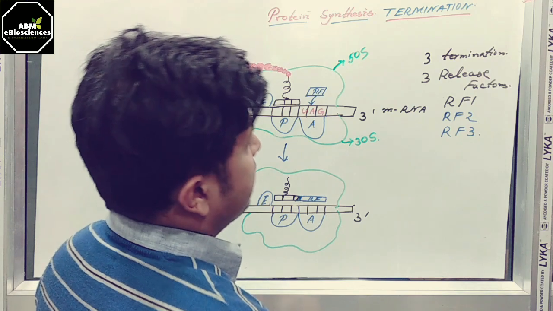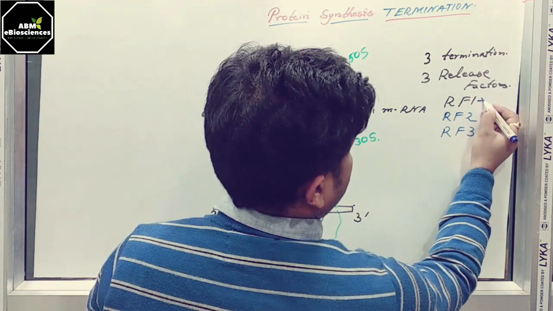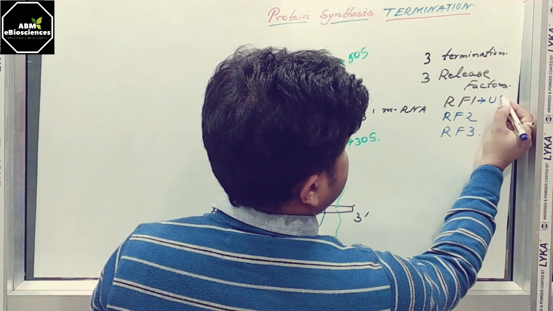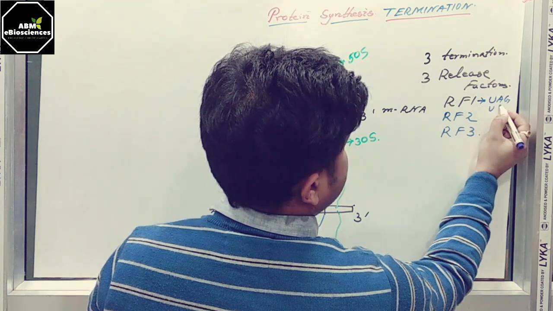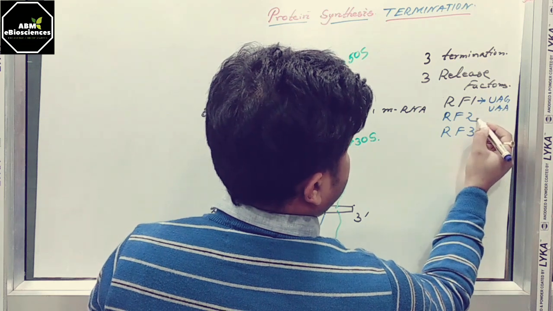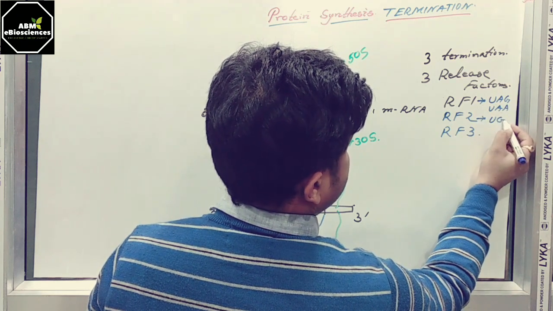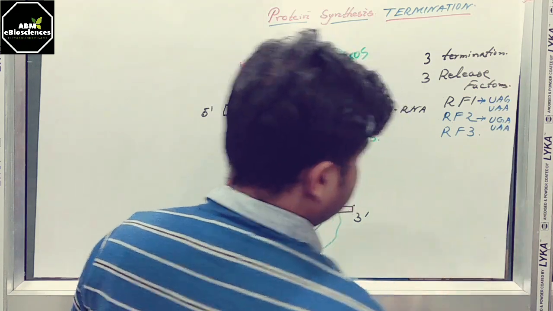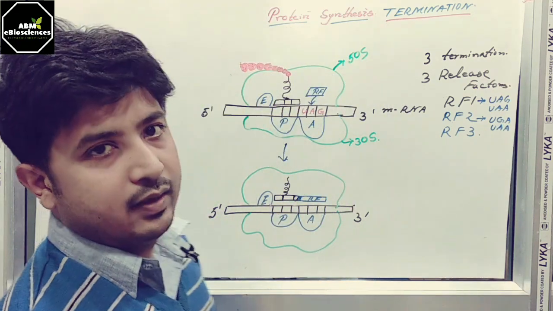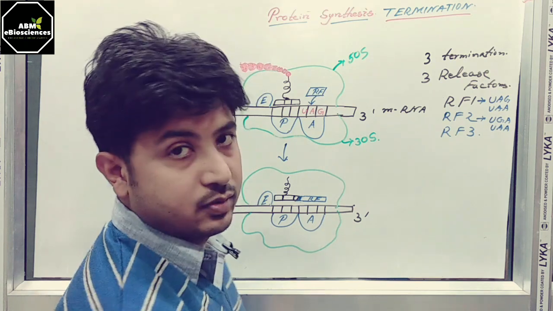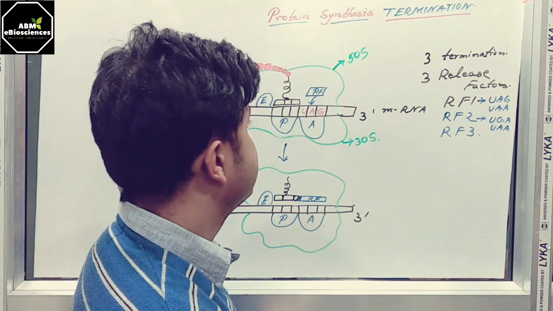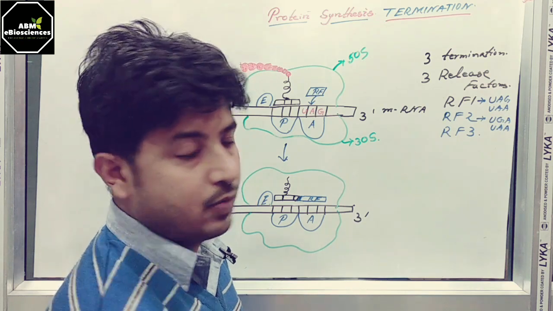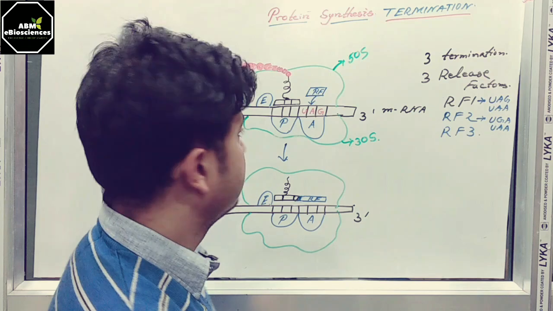RF1 actually recognizes UAG and UAA, whereas RF2 recognizes UGA and UAA. Now what is the function of RF3? I will tell you, just listen to the class. You will hear the function of RF3 in between, but I will not say it right now, as it will be confusing for you.